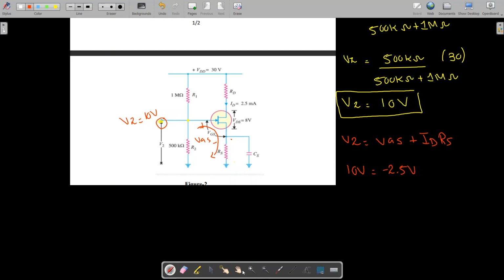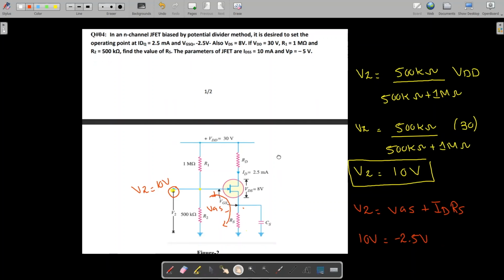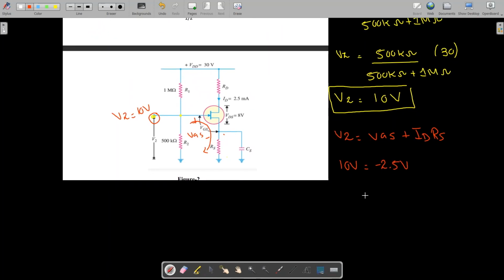And then we have the IDRS, and we are already given IDQ, that IDQ is 2.5 milliampere. So from here I can easily find the value of RS, 2.5 milliampere into RS. Now minus 2.5 volt, I am going to shift it over here.